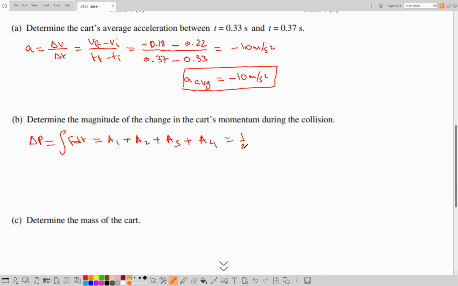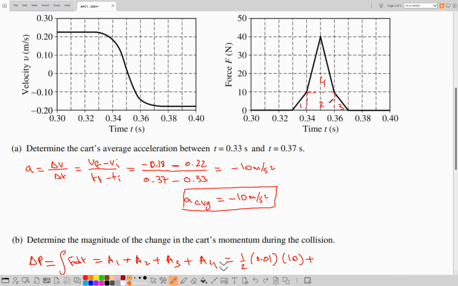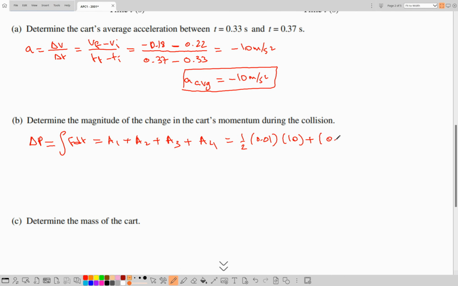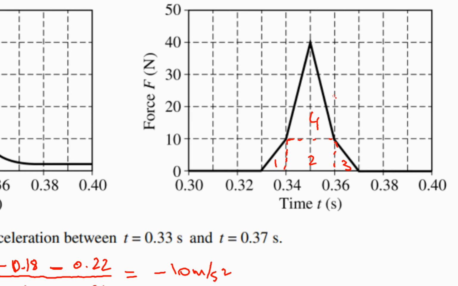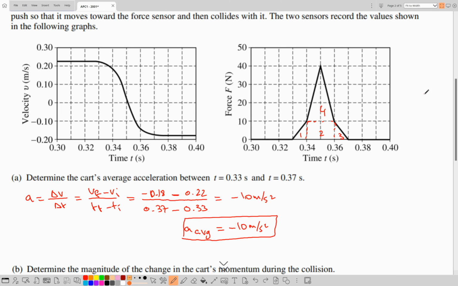So half times 0.01 times 10, plus the area A2, which is 0.02 multiplied by 10, plus another symmetrical area, which is half times 0.01 multiplied by 10, plus the area of triangle 4 with a base of 0.02 and a height from 10 to 40, that would be 30.